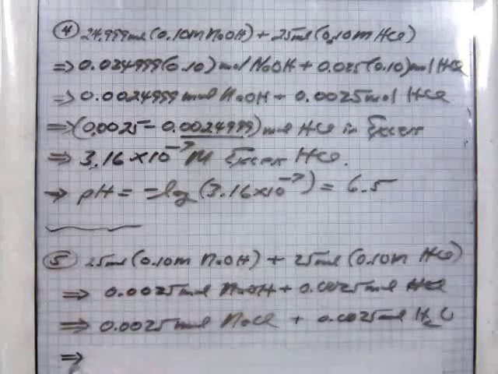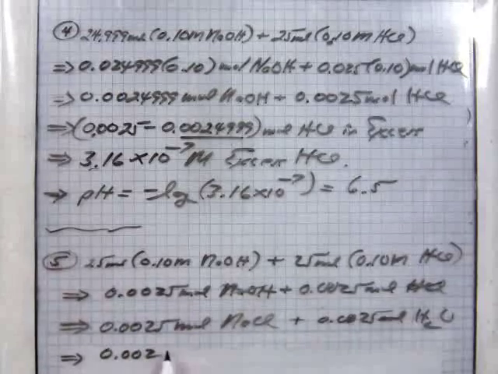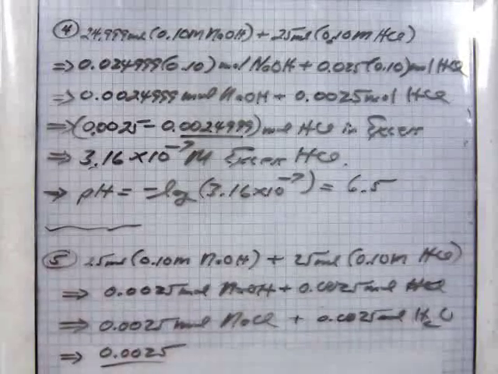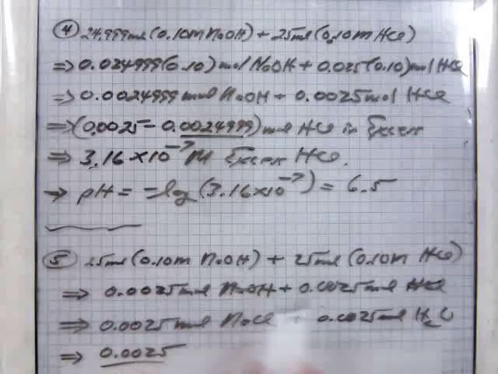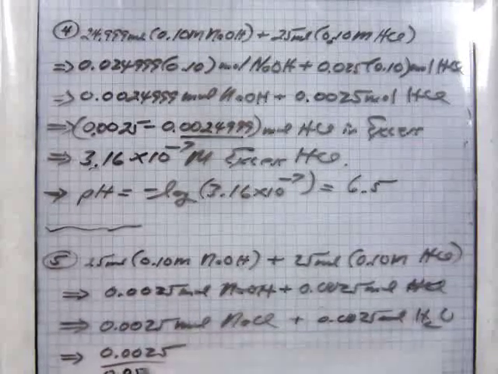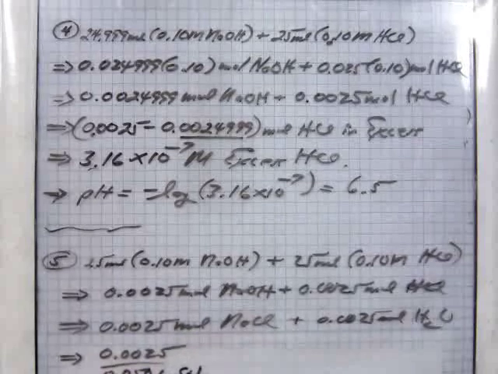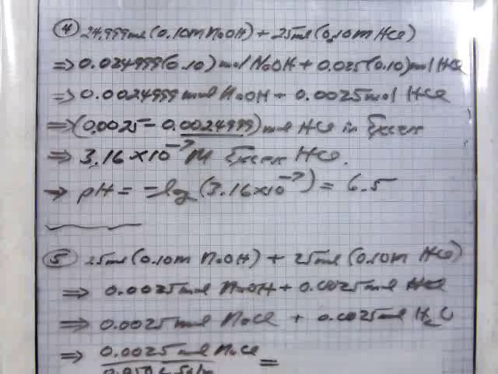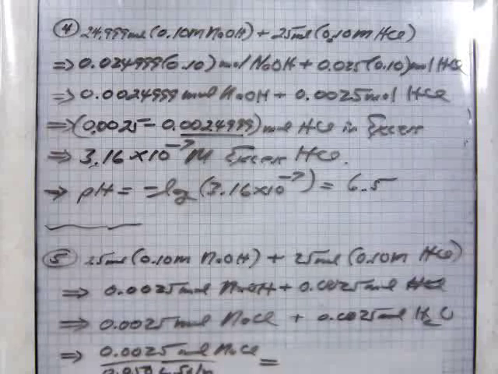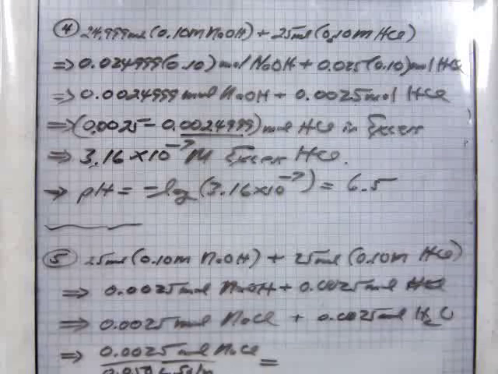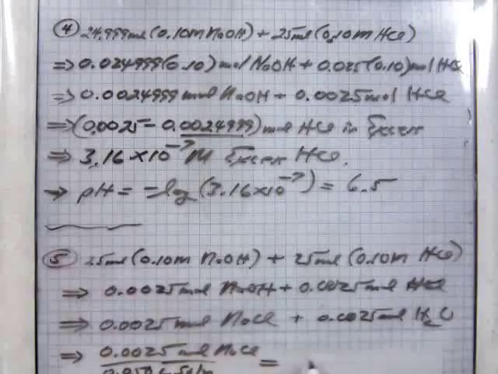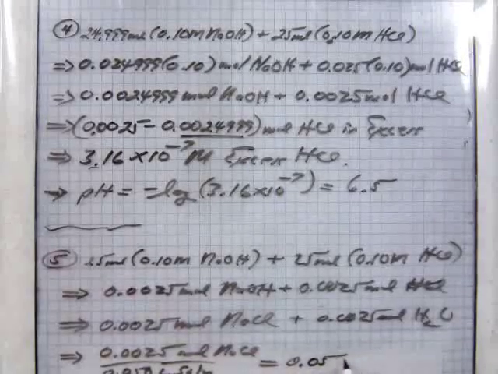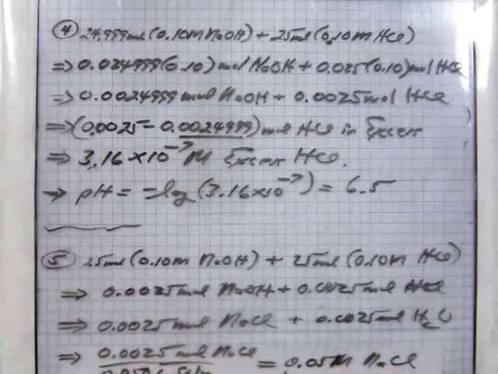Now, of course, if you need the concentration of sodium chloride, questions do show up, and you're now 25 plus 25, or 0.050 liter of solution. So that's 0.05 molar in sodium chloride.